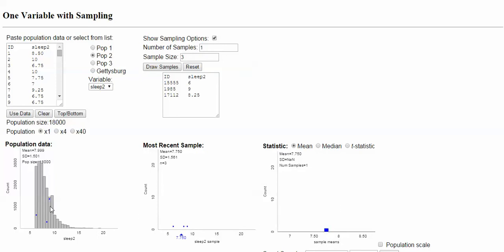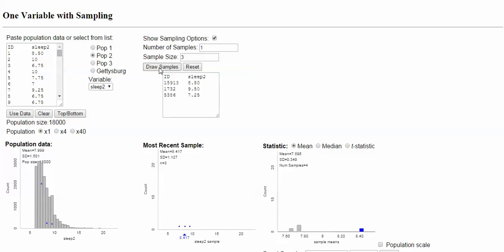And if most of the population is at the low end down here, then that means that often the sample is going to include people from the low end, like this. And these people are going to bring down the sample mean, and it's going to end up having a low average. So let's do it again. Once again, we got 3 people from this low area, and we have that sample mean.